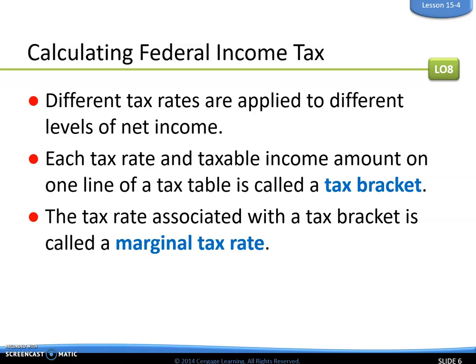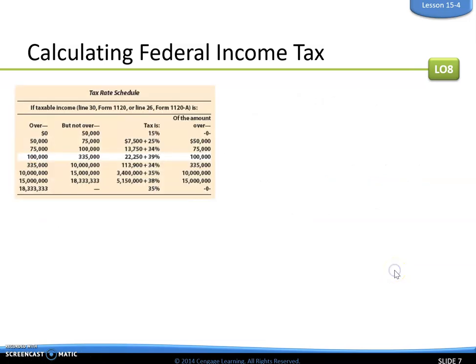So now we have to calculate our federal income tax once we have that net income. Different tax rates are going to be applied to different levels of net income. Each tax rate and taxable income amount on one line of a tax table is called a tax bracket. Marginal tax rate is the tax rate that's associated with a tax bracket.